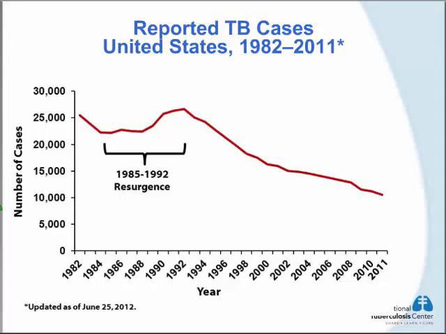However, in 1985, something that was not estimated or taken into account occurred, and that is that the cases of TB started increasing in the United States, and there was a significant increase from 1985 to 1992.